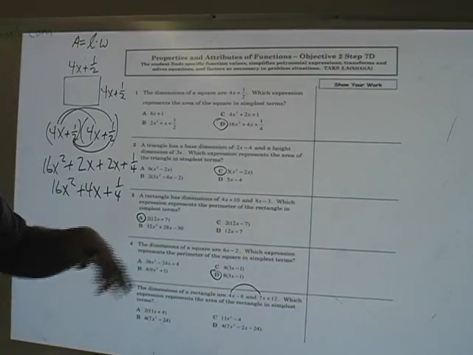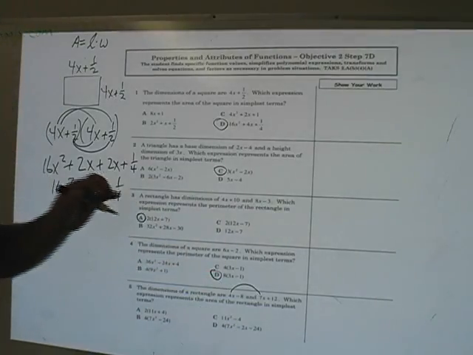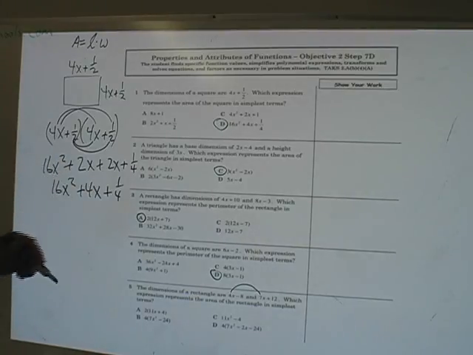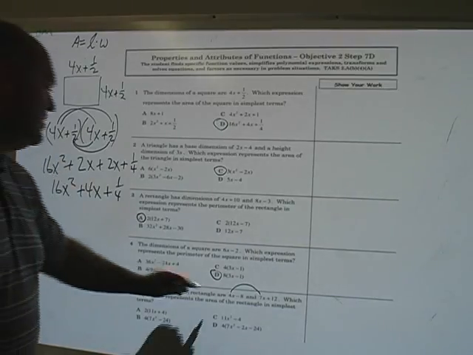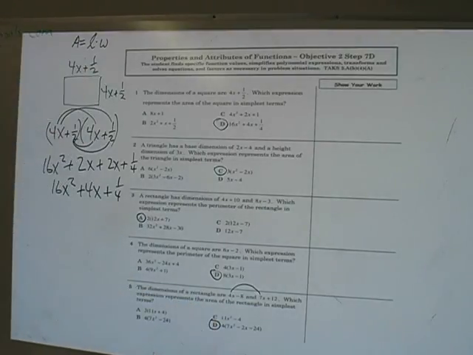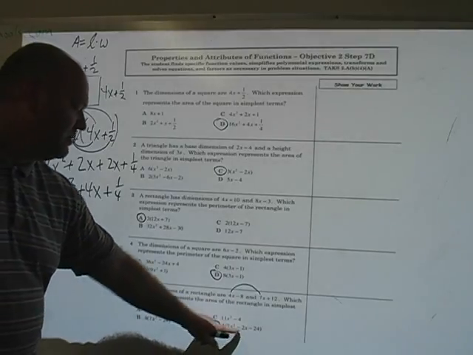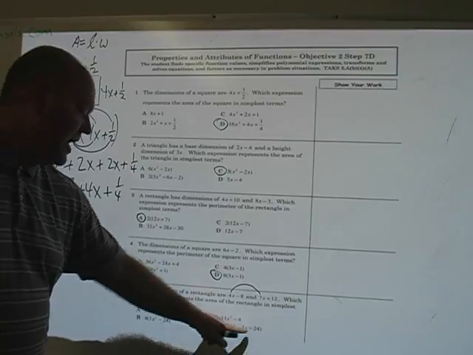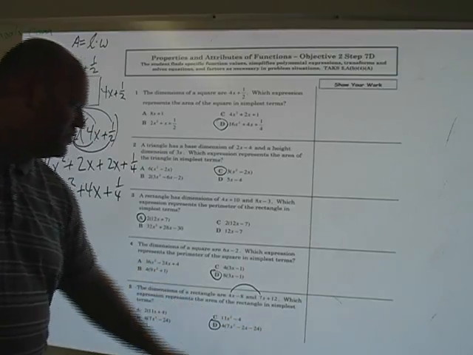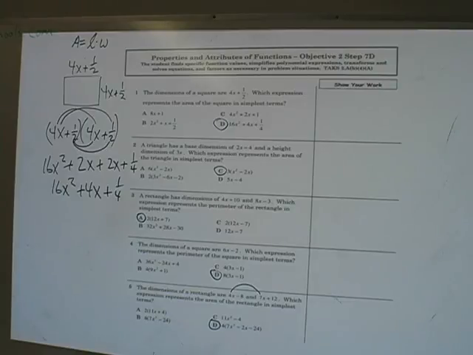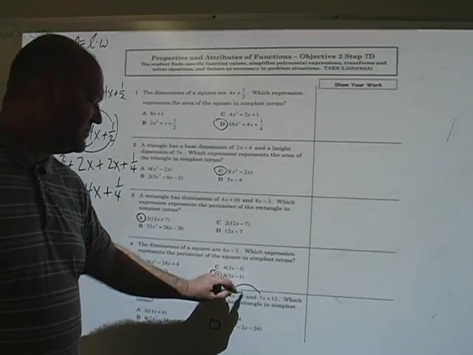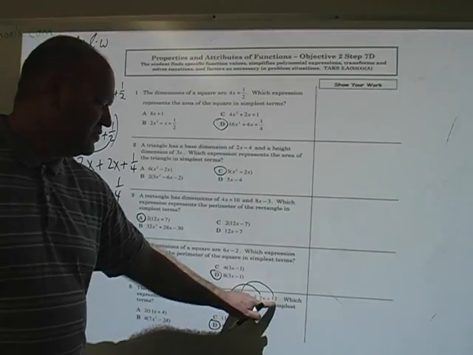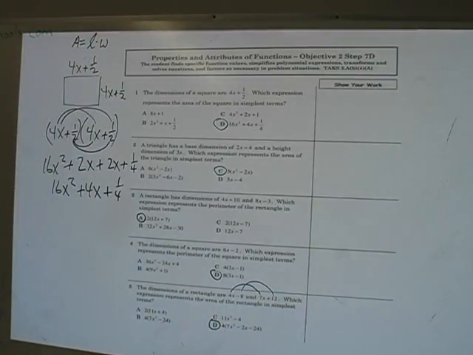Once you multiply this all out, just like the one we did from the last sheet, where you have to multiply everything together, you're going to get answer D. It's going to be 28x squared minus 4 times 2 is 8. 8x minus 4 times 24 is 96. Now 96 comes from the 8 times the 12. 8 times 12 is 96. Okay?